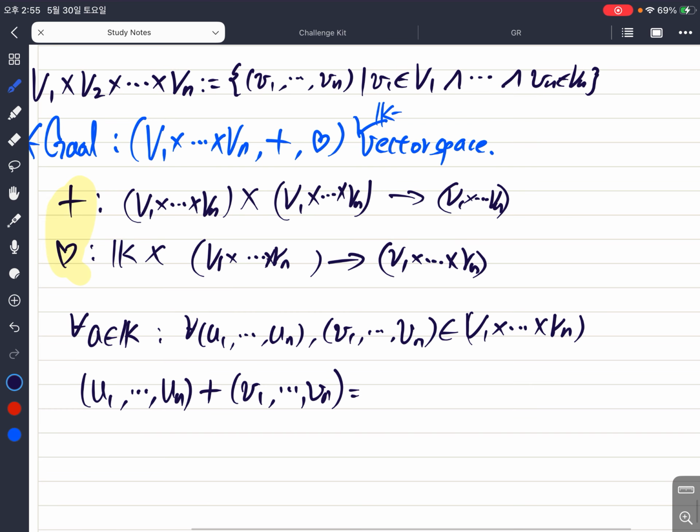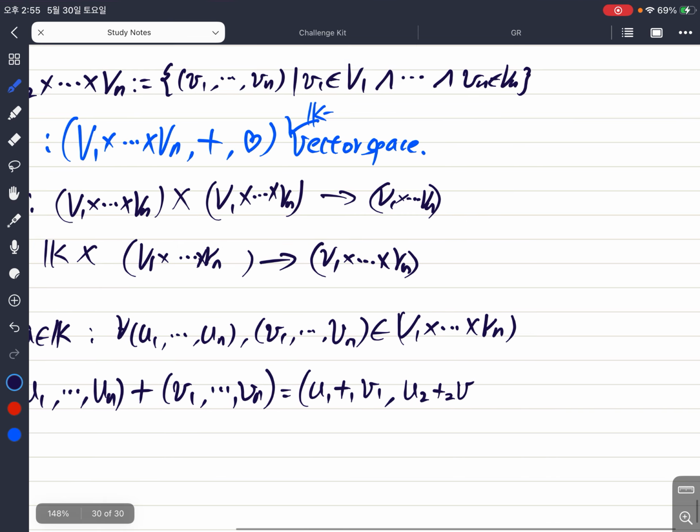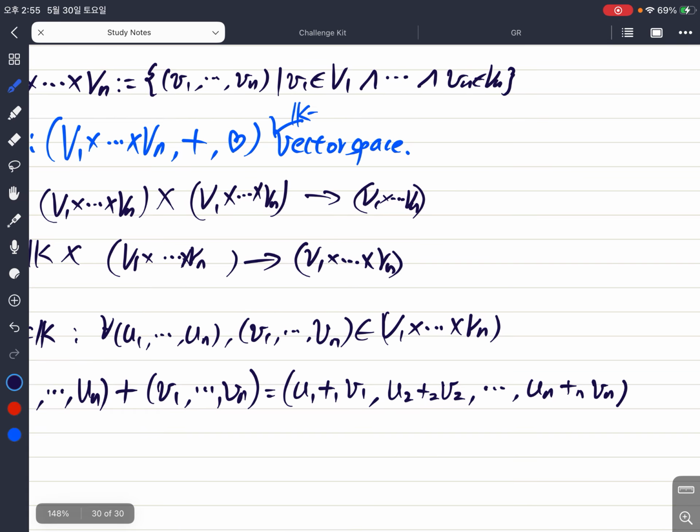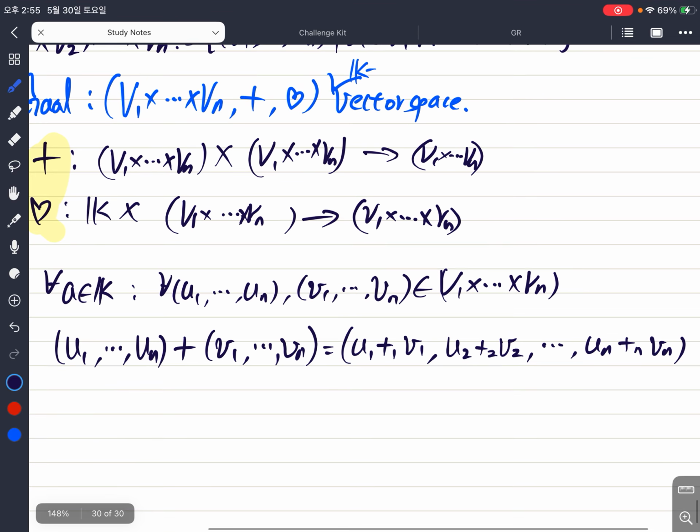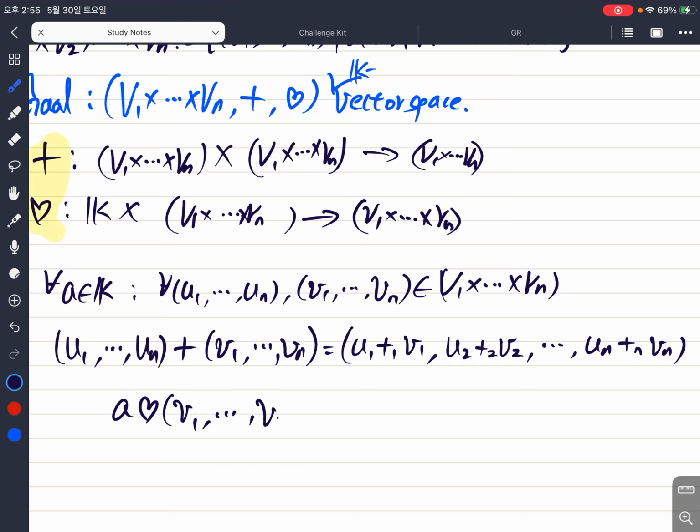The result is (u1 plus v1, u2 plus v2, ..., un plus vn), where u1 plus v1 is the summation in vector space V1, and un plus vn is the summation in vector space Vn. So we have componentwise summation, and also a times (v1, ..., vn) equals (a v1, ..., a vn). Why do we do this?